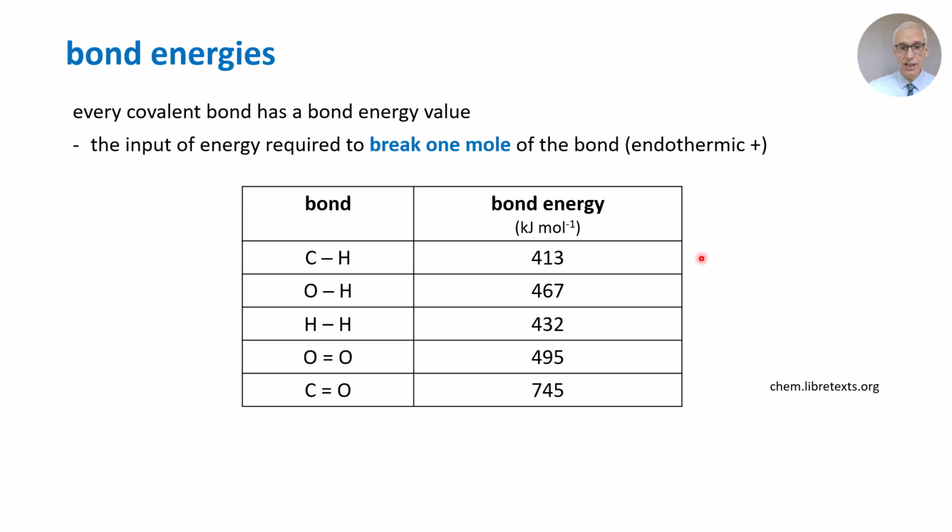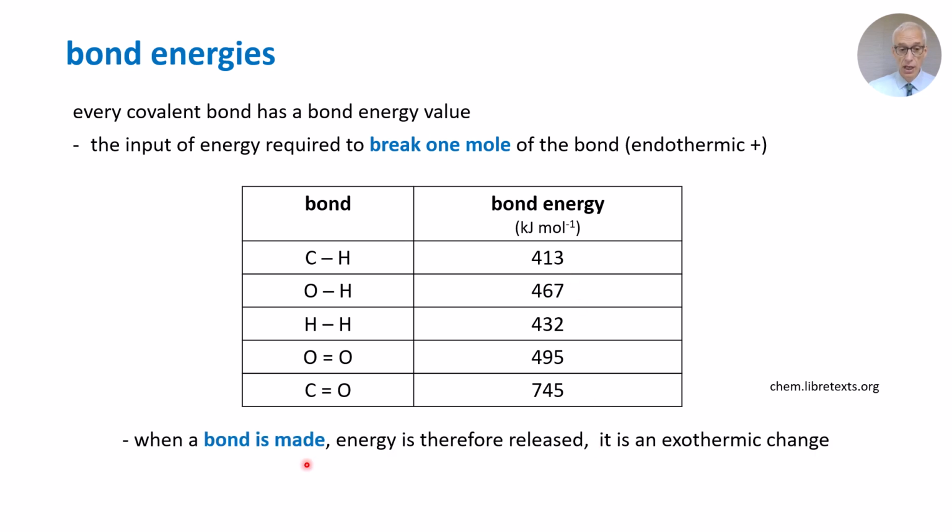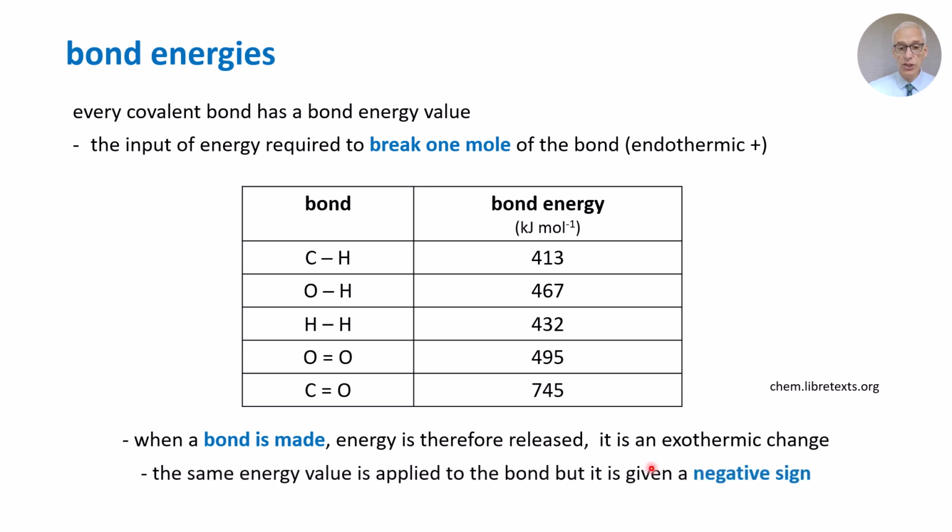But in a data table, such as here, we will see that the bond energies aren't given a sign. It's up to you as a student to decide whether we're going to be breaking or making, because when a bond is made, energy must therefore be released. It's exothermic, and this, of course, has a negative sign.